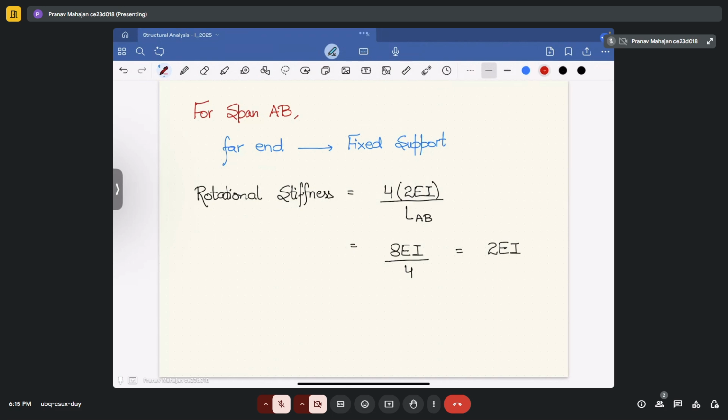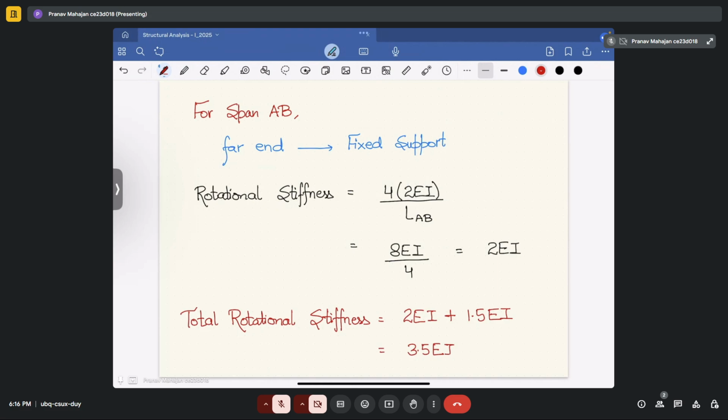So your total rotational stiffness is equal to the sum of the rotational stiffness of span AB and span BC. That means twice EI plus 1.5 times EI, and that will be equal to 3.5 times EI.